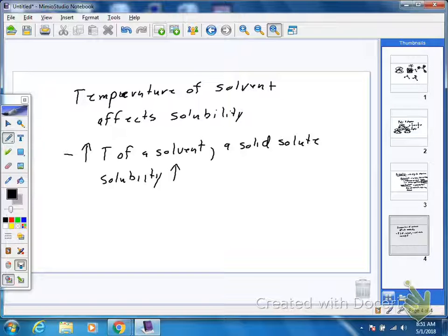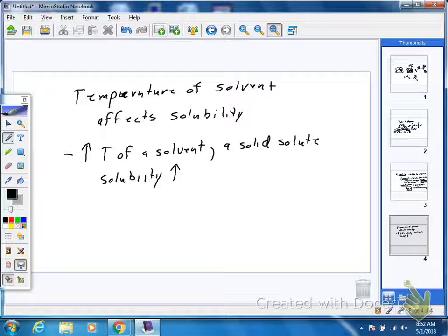So is it a direct relationship? Yep. Now, you would think it's a direct relationship. I want you guys to look on page 369. Look at all those solids in figure 12.5. They've got KI, glucose, sodium nitrate, potassium nitrate, NaCl, Na3PO4. As the temperature increases, they all have different ways they're affected. And it's not a perfect straight line. A lot of them are curved.